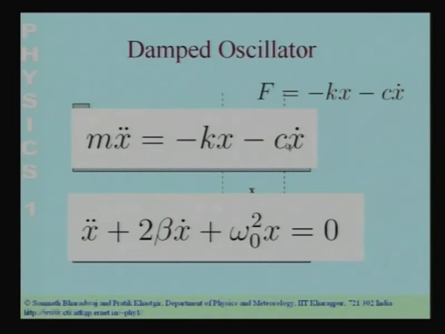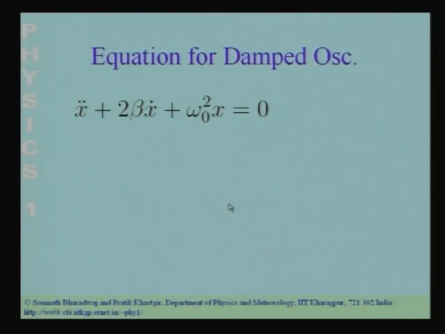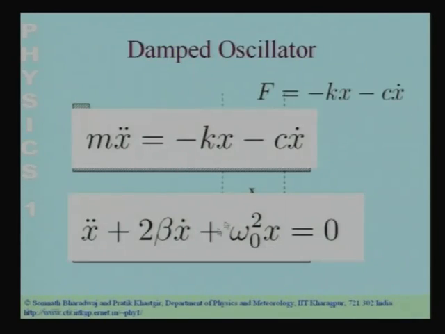Beta is related to c. Beta is c divided by the mass, and there is a factor of 2 which has also been put in, which makes things convenient, as we shall see as we go along. So, we have written the same equation over here with just the constant coefficients being redefined.